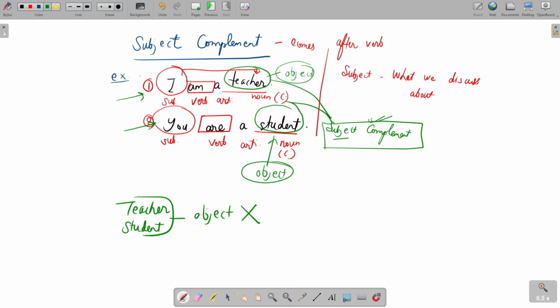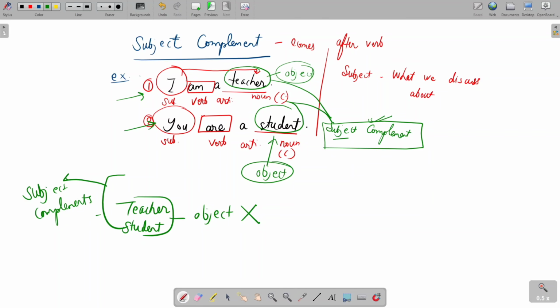We can only say that these two words are completing the idea of the subject, and these two words are coming after the verb. So they are completing the idea of the subject. So these will be called subject complements. So teacher and student will be subject complements.